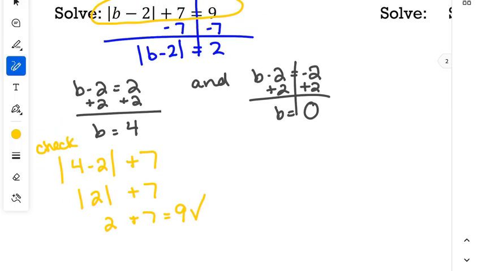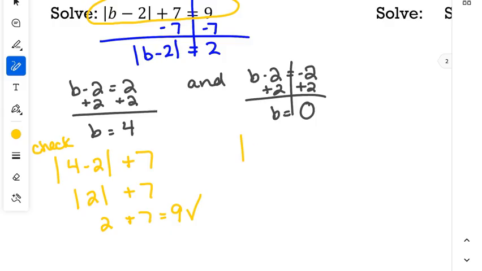All right, let's look at the other one. Absolute value of 0 minus 2 plus 7. It doesn't. You get 5, not 9. Well, hold up. This becomes negative 2, plus 7. So that's 5. No, what's the absolute value of negative 2?